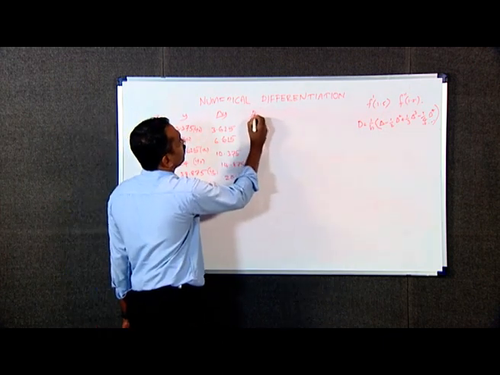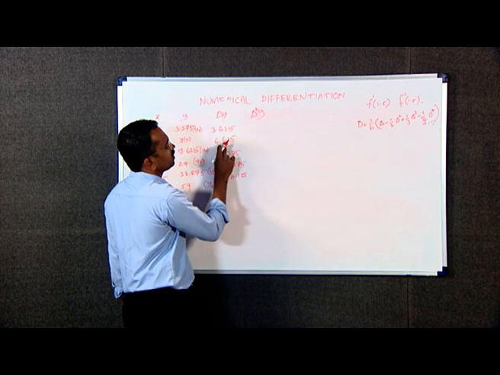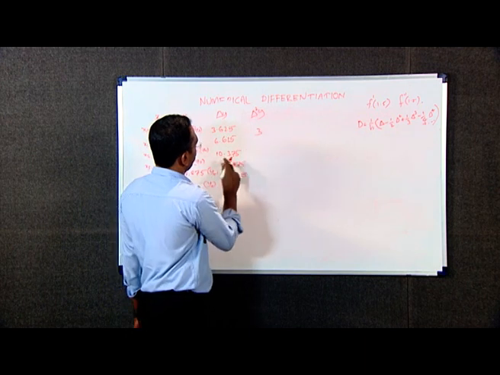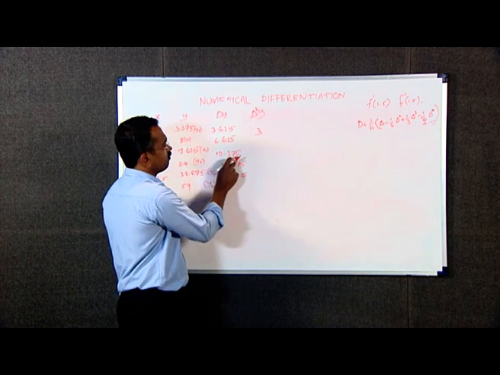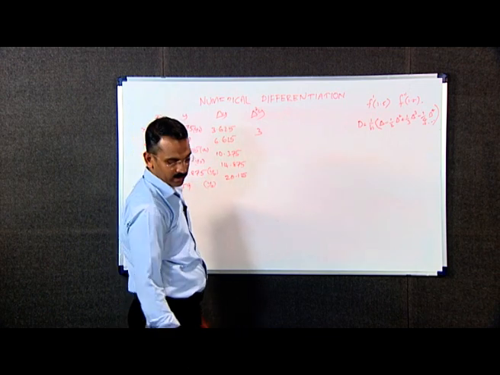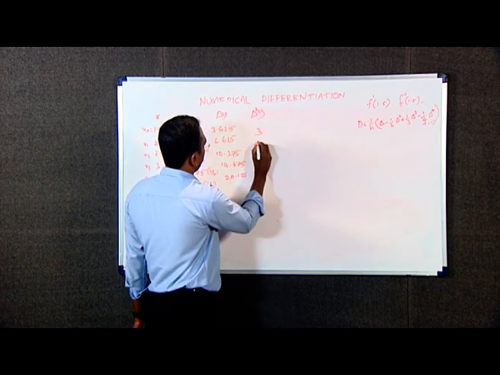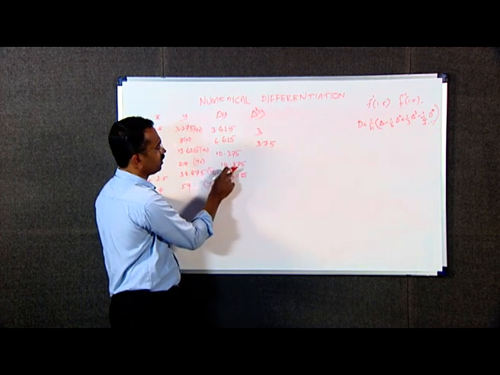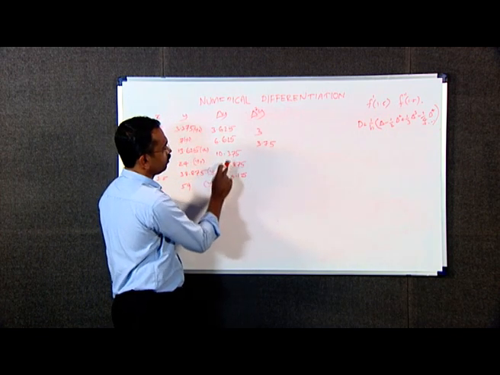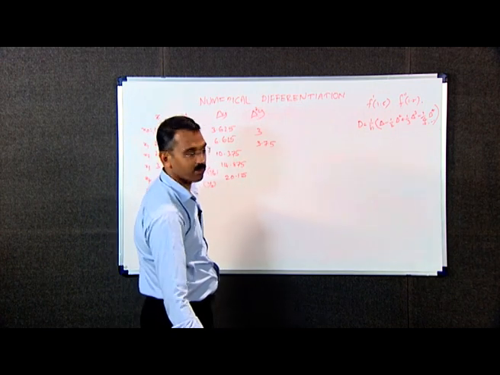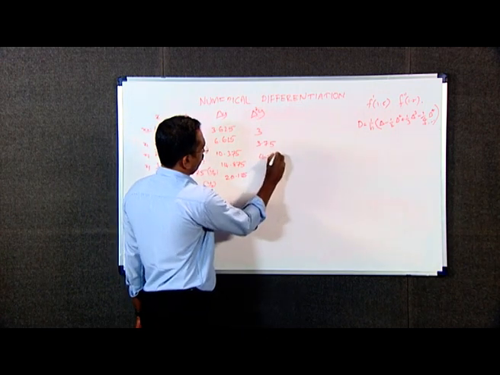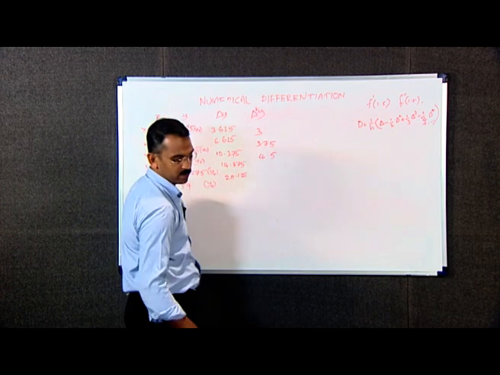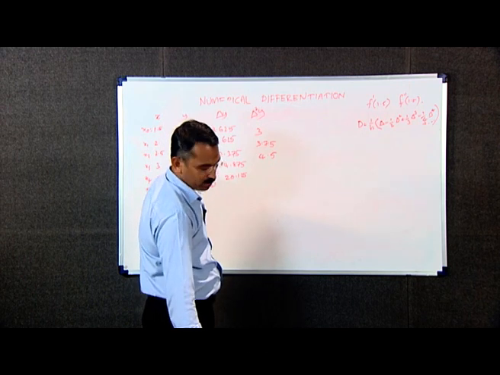The second order differences are 6.625 minus 3.625, which is 3. 10.375 minus 6.625 is 3.75. Next second order difference is 14.875 minus 10.375, which is 4.5, and 20.125 minus 14.875 is 5.25.